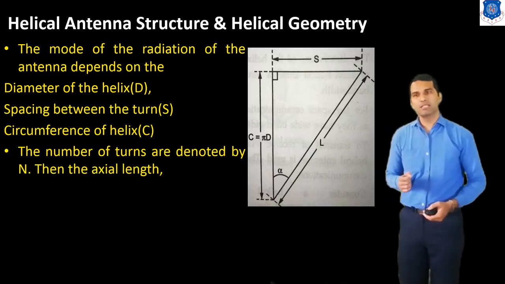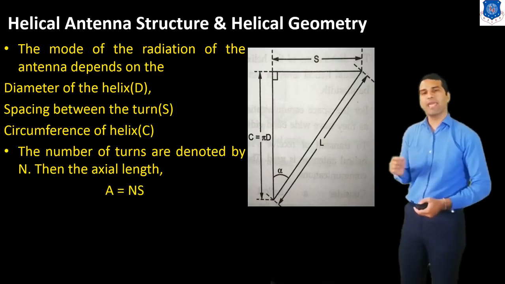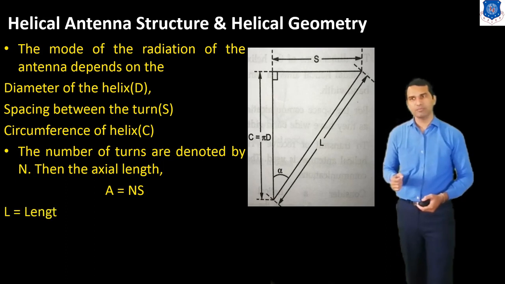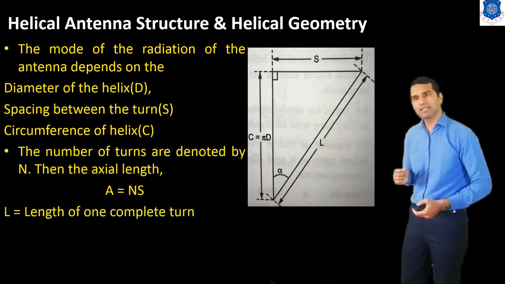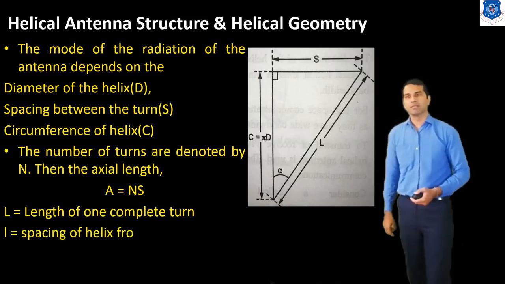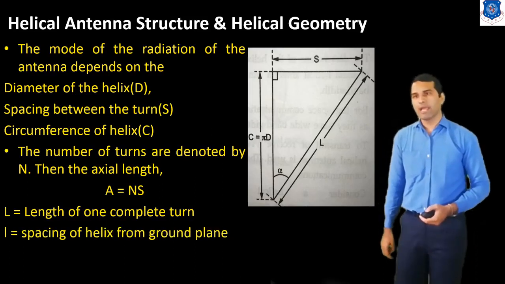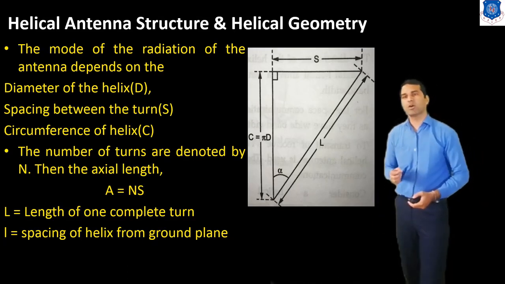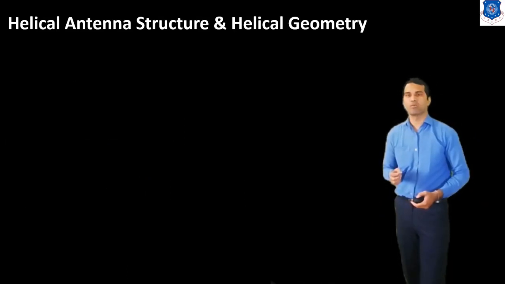Then the axial length we can write as A equals N into S, where L indicates the length of one complete turn, and S indicates the spacing of the helix from the ground plane.